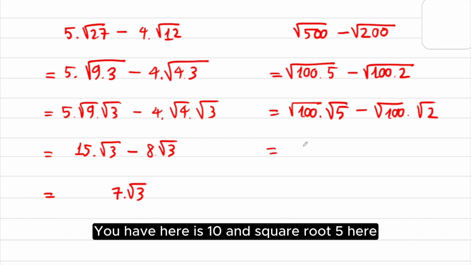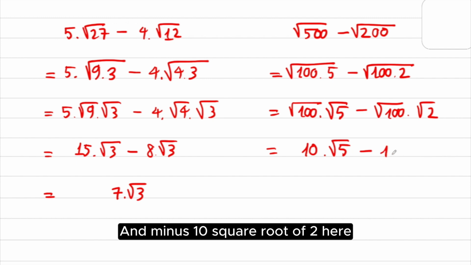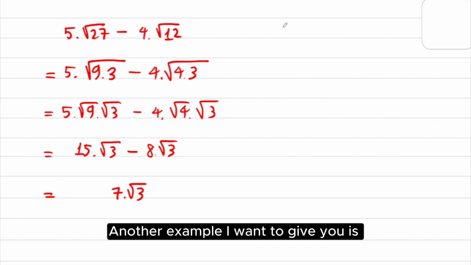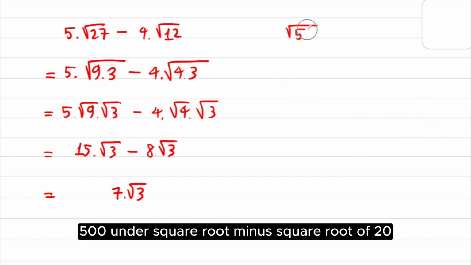You have here 10 square root 5, and minus 10 square root of 2 here. So for this exercise you cannot combine them together.